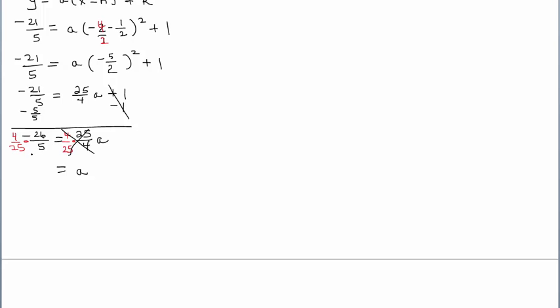There's no common factors with 4 and 5, so it looks like I'm just going to have to multiply the tops together and the bottoms. 5 times 25 is 125, and 4 times 26 would be 104. It's not real pretty. It's kind of uncomfortable, but it is what it is.